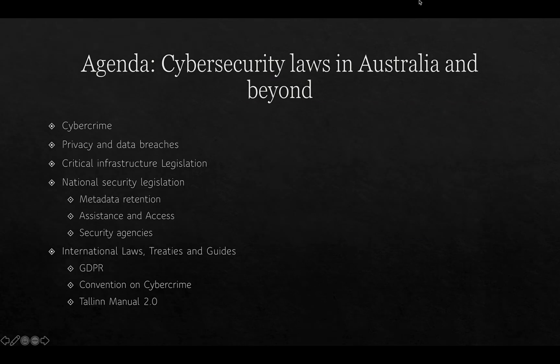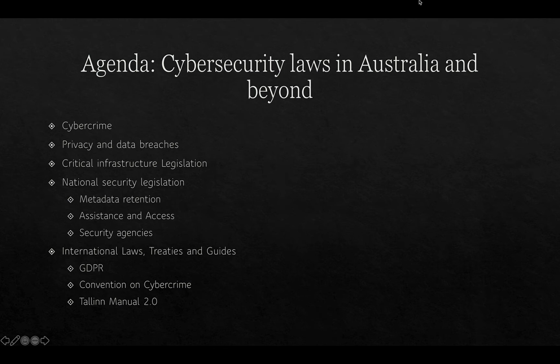So cybersecurity laws in Australia cover cybercrime, privacy and data breaches, critical infrastructure, national security, and in that they cover metadata retention, assistance and access, and security agencies.